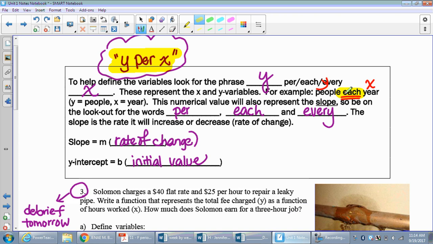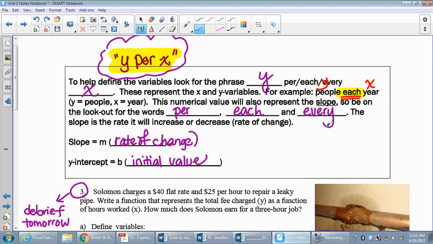As soon as I saw each, I know that it's y per, or each, x. So people was y and year was x. This numerical value will also represent the slope, so be on the lookout for those words, per, each, and every. Those are the key 3 words.